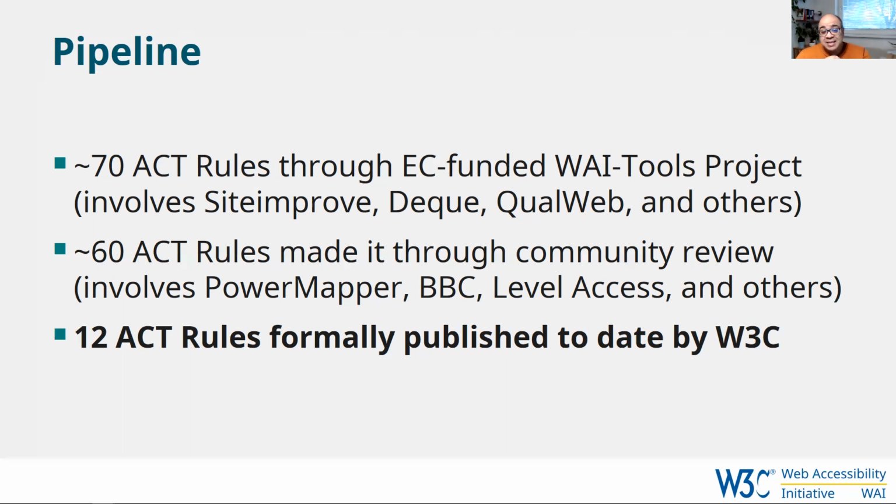So what does it mean that this community group approved these 60 rules? That means that at least, I don't remember if it's 2 or 3 independent organizations, 3 actually, 3 independent approvals for this rule. So 3 different organizations have reviewed this rule and said, yes, we agree to this interpretation of WCAG, right?